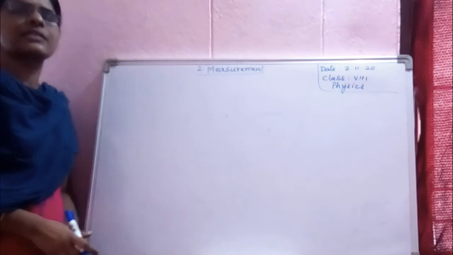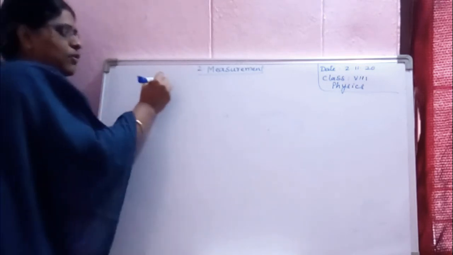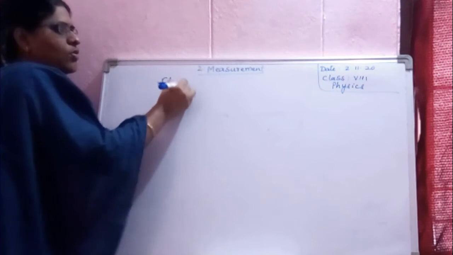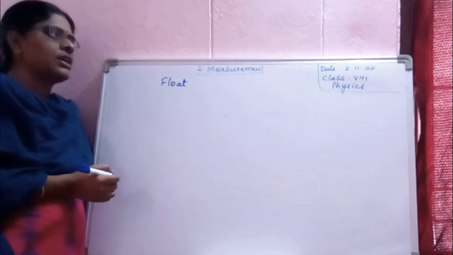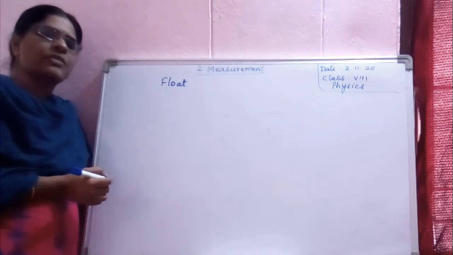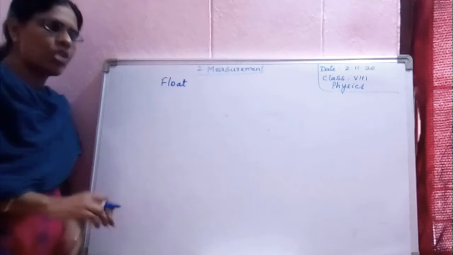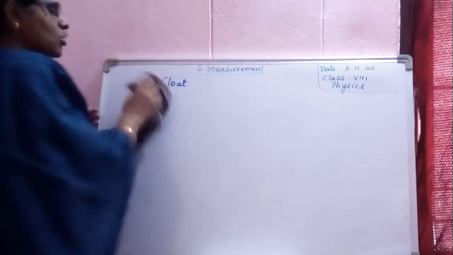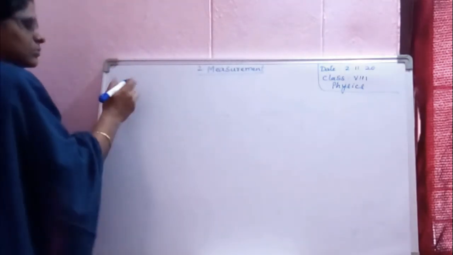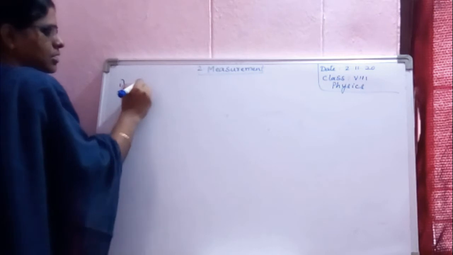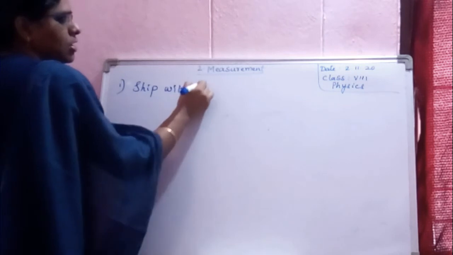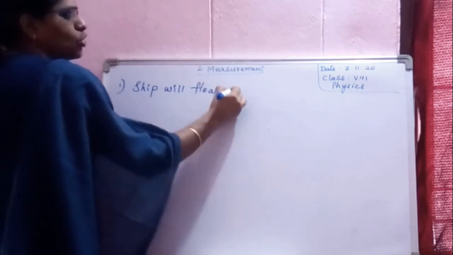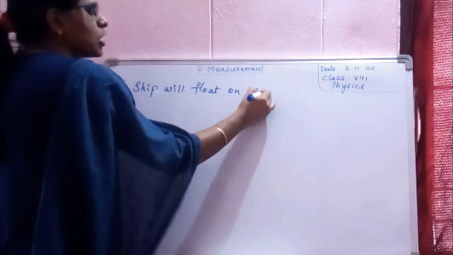In the last class, we have studied flotation, floating, principle of flotation. Now, today, we will study a small example based on flotation, that is, ship will float on water.